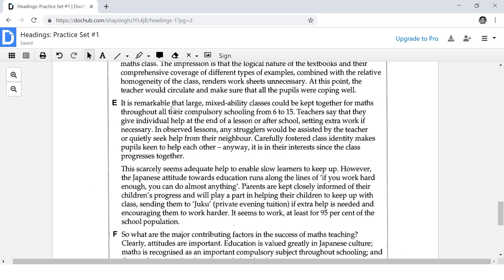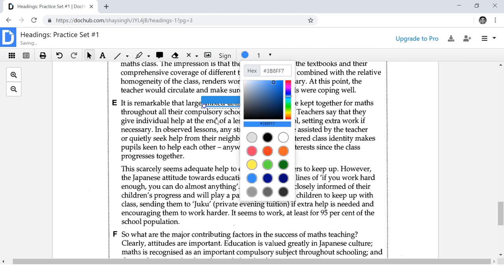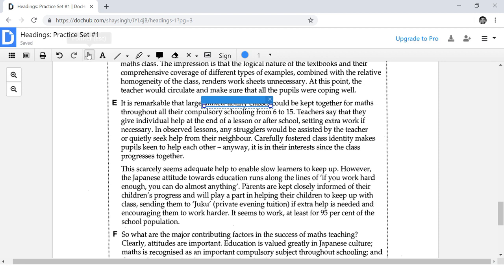It is remarkable that large mixed ability classes could be kept together for maths throughout all their compulsory schooling from 6 to 15. So here, this whole paragraph is talking about the mixed ability classes. Mixed ability means basically that students have different levels of ability.